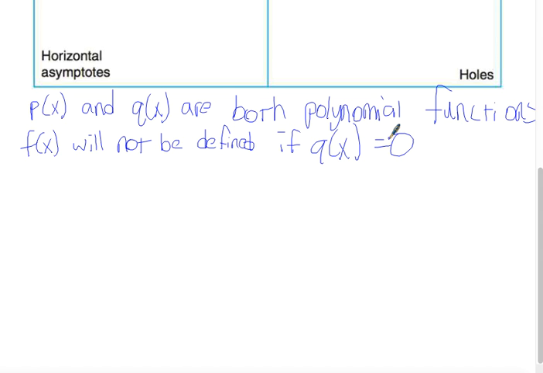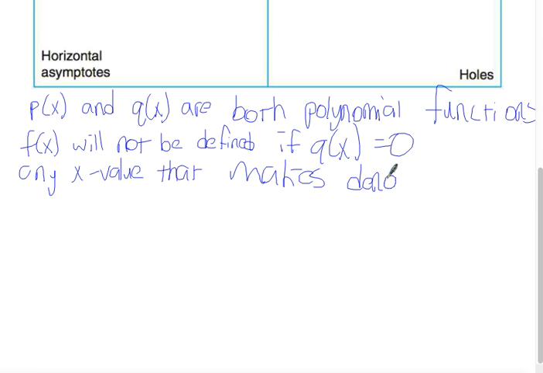That's another way of saying any x value that makes the denominator 0 will not be defined.